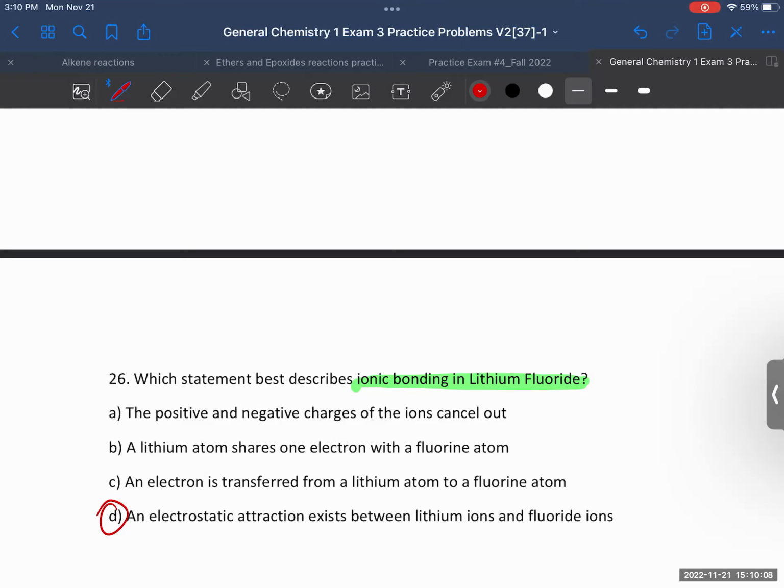But the actual bond is due to electrostatic interaction, not the transfer of an electron. The transfer gives rise to your positive charge, your cation, and the one gaining it, your anion, which is negatively charged. The transfer causes those charges to be imbalanced, and once they are, they start attracting each other.